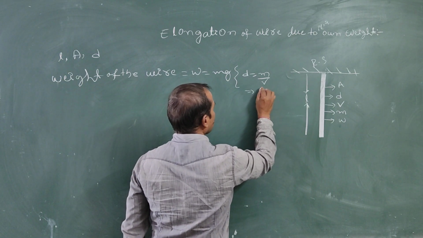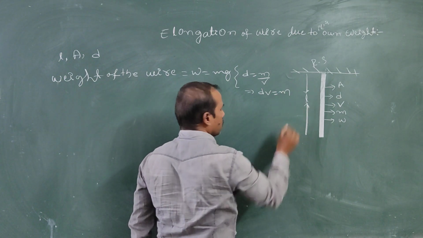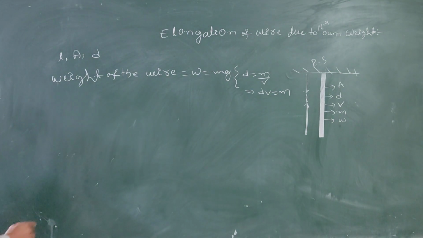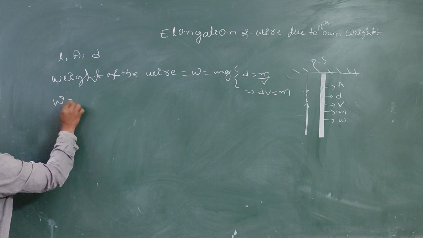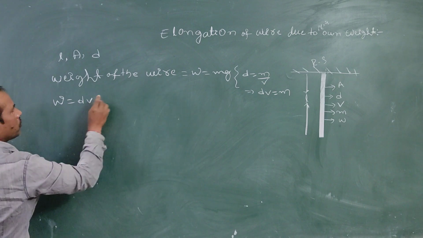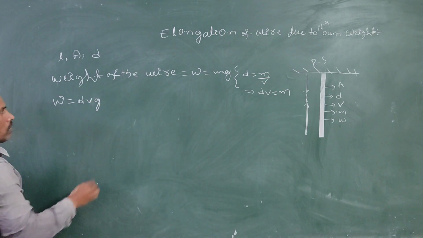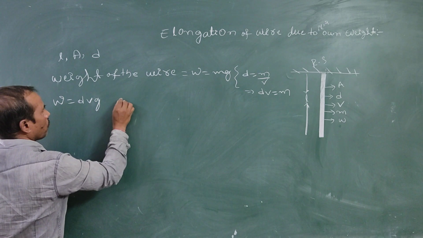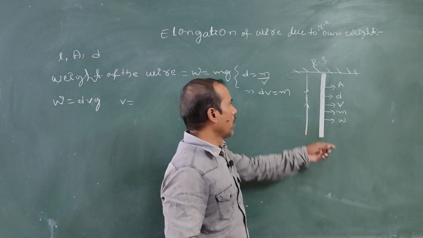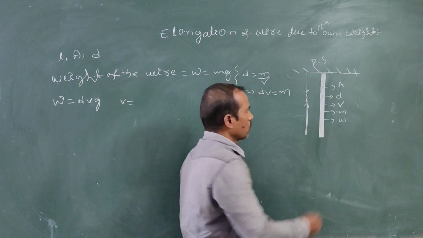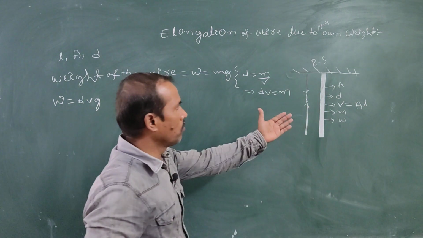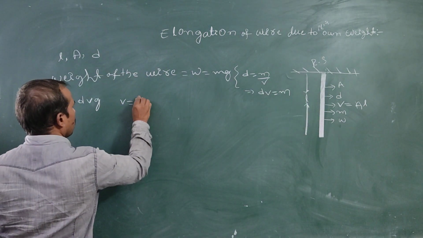Mass is equal to dV, so m is equal to dV. Substituting, the weight of the wire W is equal to dVg, where V is the volume of the wire. Volume means length of the wire L times area of cross section A, so volume is equal to AL.